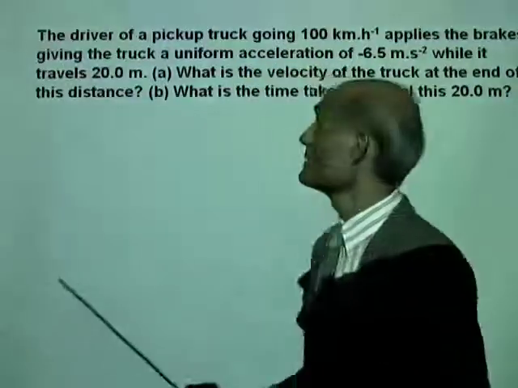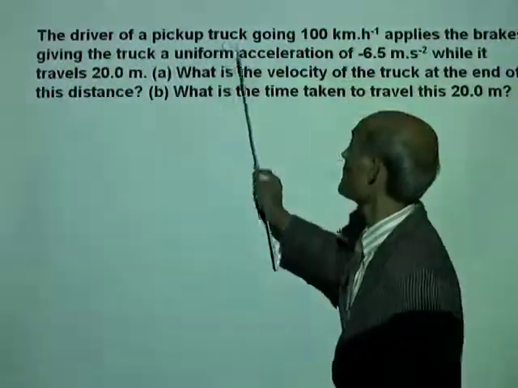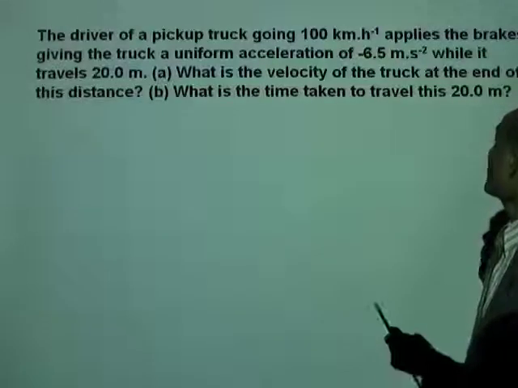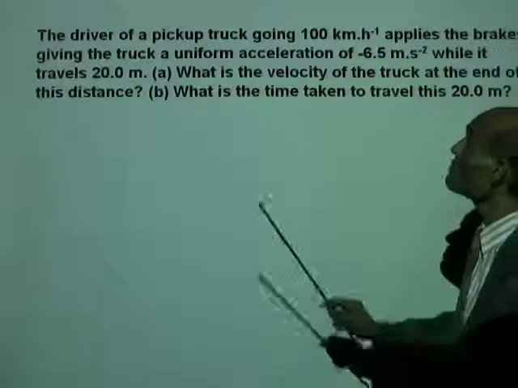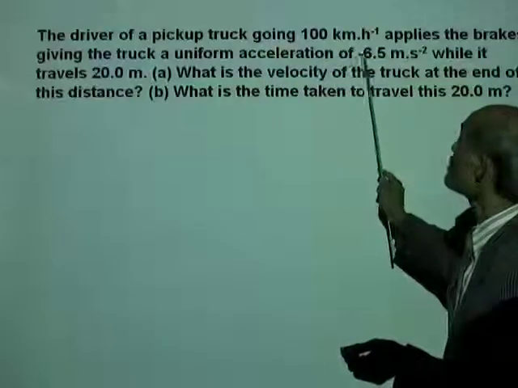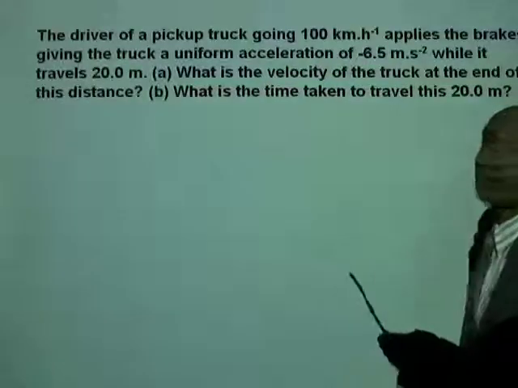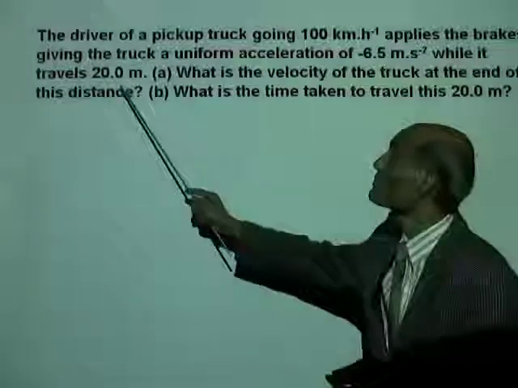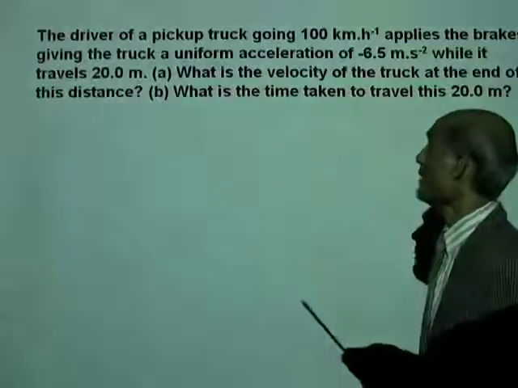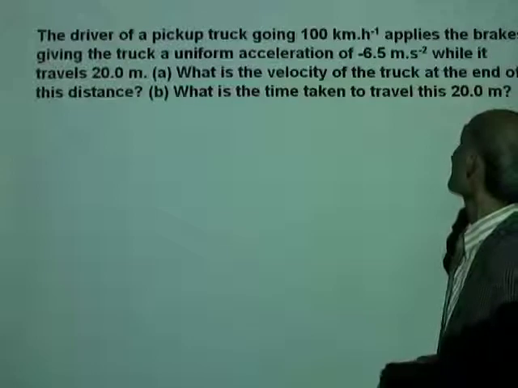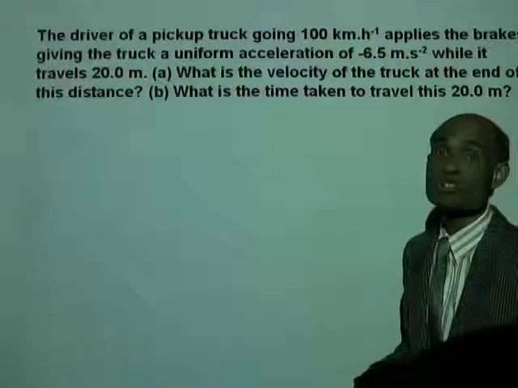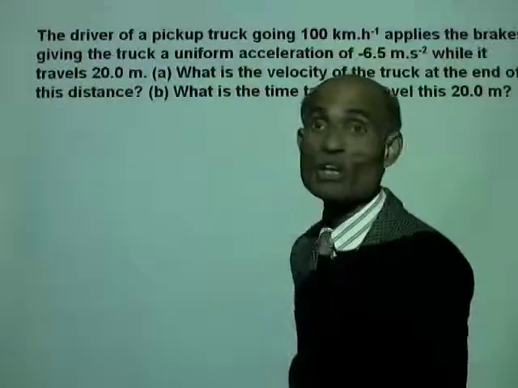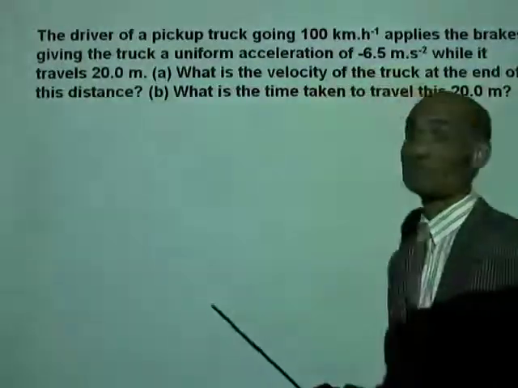Another problem. The driver of a pickup truck going 100 km per hour applies the brakes, giving the truck a uniform acceleration of negative 6.5 meter per second squared while it travels 20 meter. What is the velocity of the truck at the end of this distance? What is the time taken to travel this 20 meter?